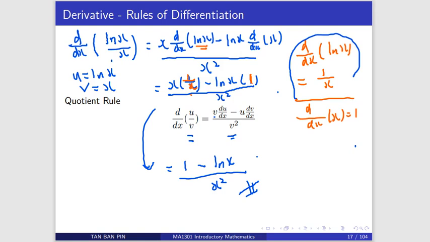After you apply the quotient rule, it gives you 1 minus ln x over x squared.